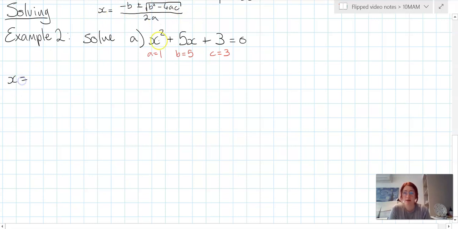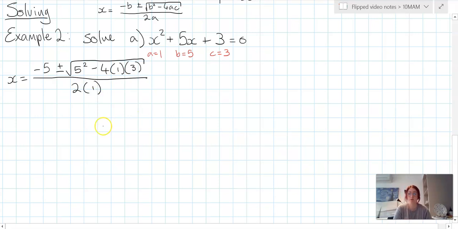So we're going to have x equals negative b, so negative 5, plus or minus the square root of 5 squared minus 4 times 1 times 3. And that's going to be divided by 2a, so 2 times 1. From there, really, we're just simplifying.